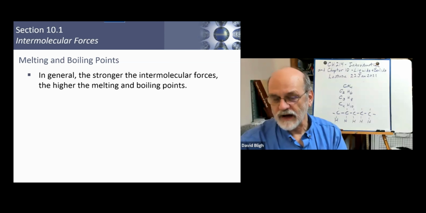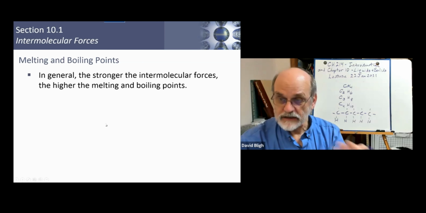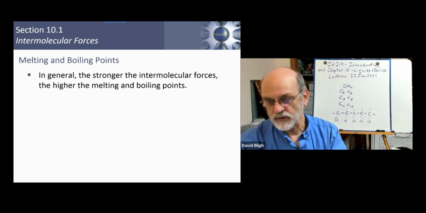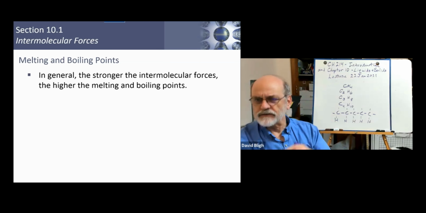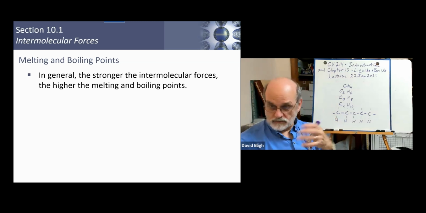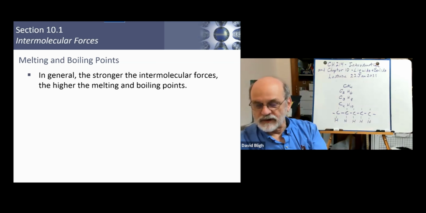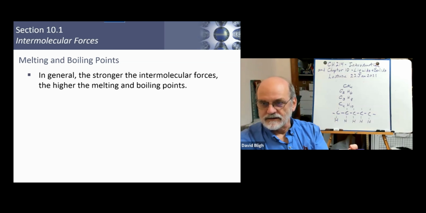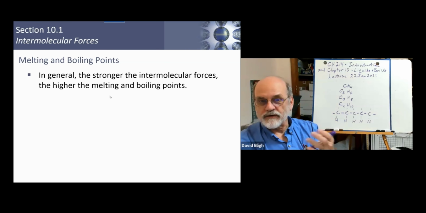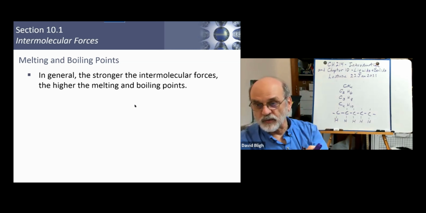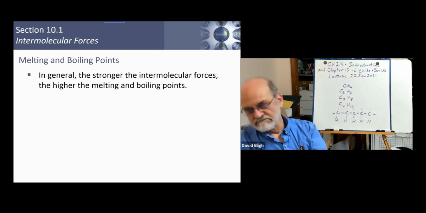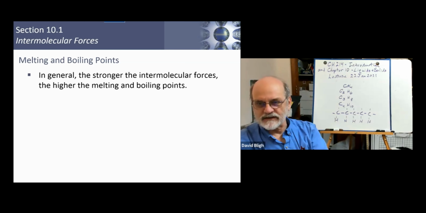But for covalent molecules, as the intermolecular forces increase, the melting points and boiling points are higher. And I just referred to that with water. If water didn't have these intermolecular forces, it would be a gas. But since it does, we've increased the boiling point and the melting point of water to the point that it's usually liquid on the surface of the earth, sometimes solid, sometimes gas, but most of the time it's liquid.